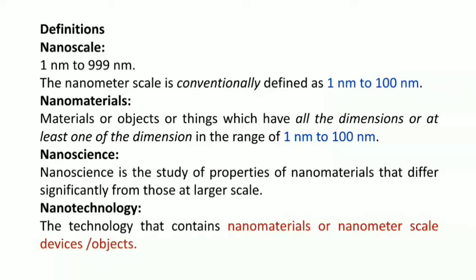Once you understand what a nanoscale is, the nanoscale is a scale which lies in the range of 1 nanometer to 100 nanometers. Now what is a nanomaterial?